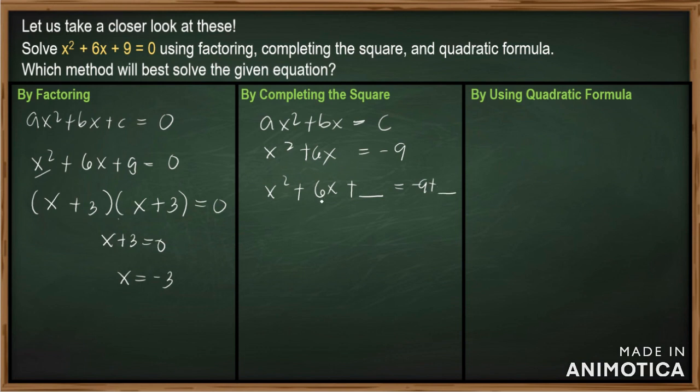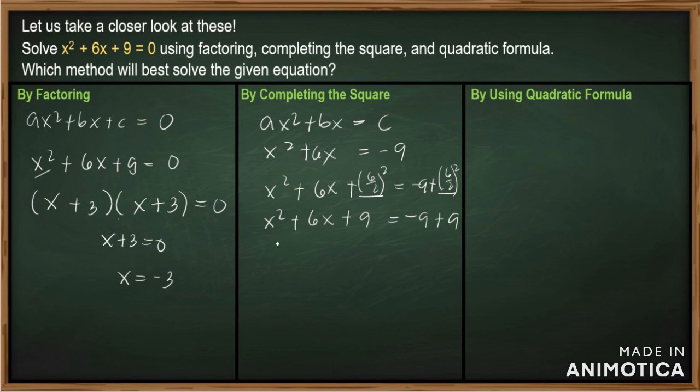Then we get the square of half of 6. So we have now x squared plus 6x plus 6 divided by 2 is equal to 3. Then 3 squared equals 9 is equal to negative 9 plus 9.